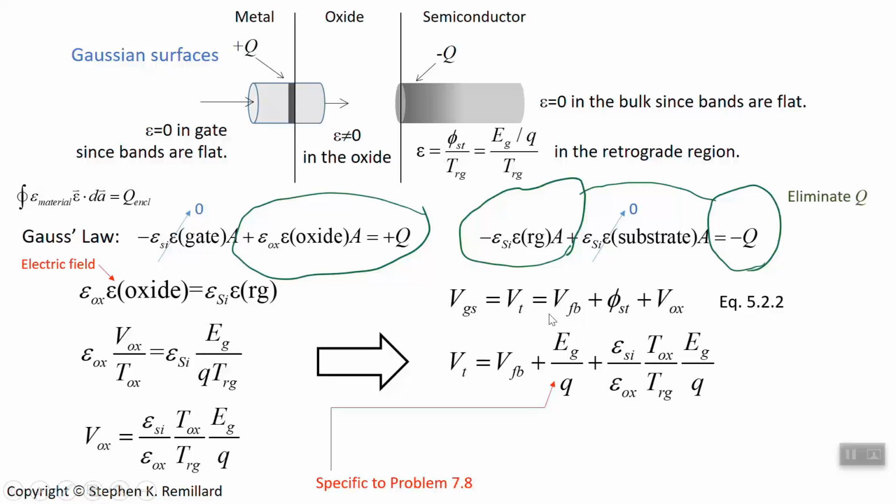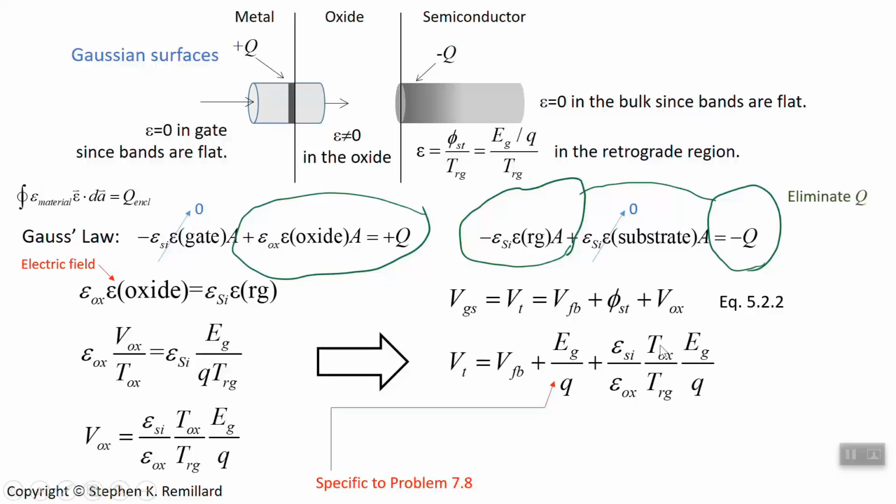The gate source voltage at threshold is the flat band potential plus the surface potential at threshold plus the oxide potential. So let's go ahead and replace the surface potential at threshold with the energy gap. And let's go ahead and use this expression for the oxide voltage drop. And we have a new useful expression for the threshold voltage that has the thickness of that retrograde region in it and the thickness of the oxide, which we talked about last time.